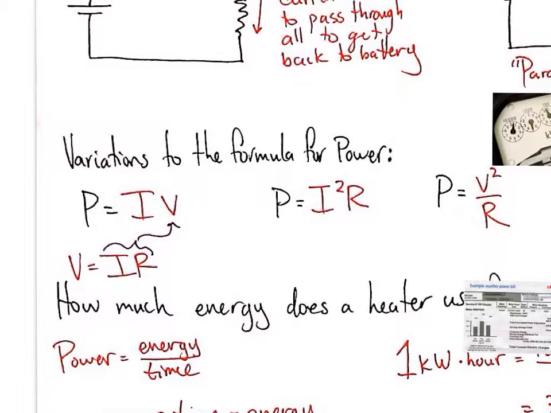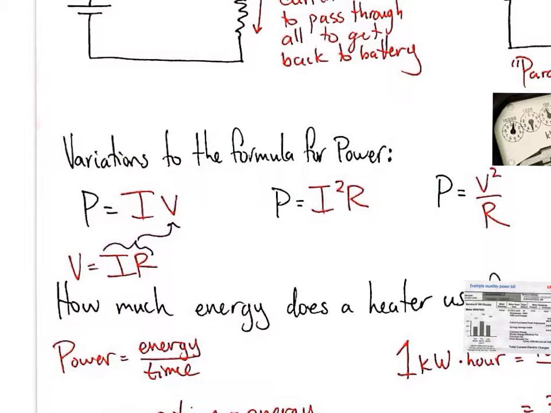So, some variations to the formula for power. We know that power, right, energy per time, is current times voltage, this P = IV formula. And we also have Ohm's law, voltage equals current times resistance. So we could change this equation by substituting in IR for V, and we would get power is current squared times resistance.